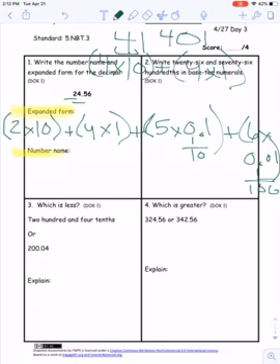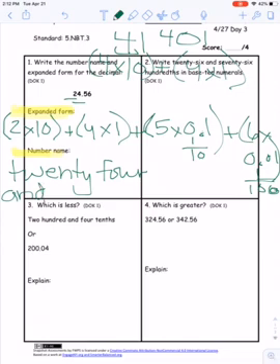Now, the next one, if we're writing out the number name, that means we just need to write it out as if we were saying it, which doesn't mean we say 24.56, because that's not how we say it correctly. So it would be 24. And every time we see a decimal, we say and. 56, am I done?